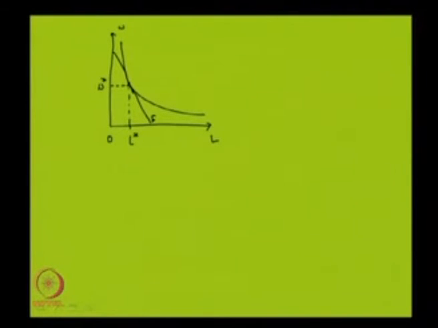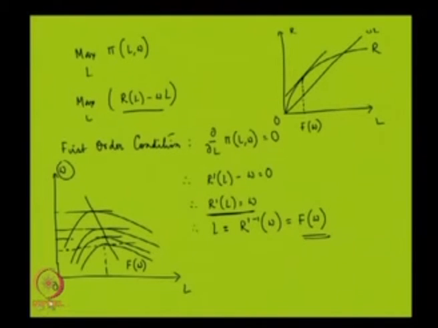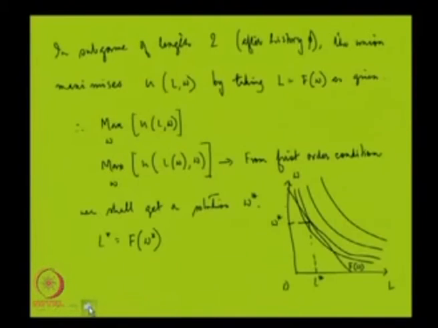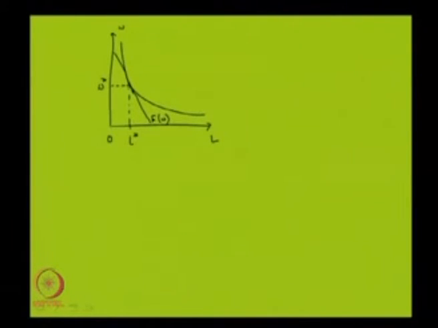I know that along this F function, the firms are having their maximum points of the isoprofit curves. Look at this. The highest points on the isoprofit curves lie on this line, the F(W) line. So, it will be the following, this, right, and here is the problem.